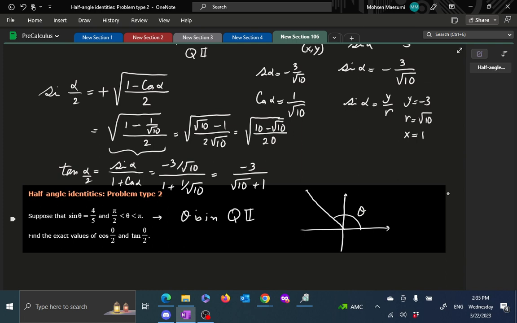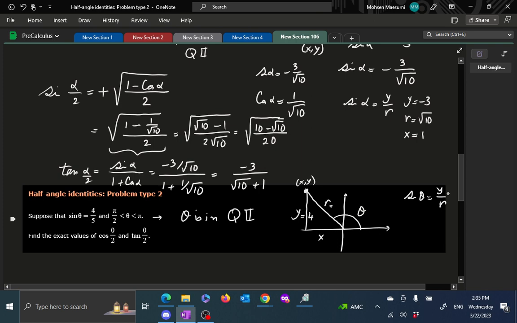Here we pick a point, call it point xy, meaning this is my y and this is my x and this is my r. Sine is given. Sine is a ratio, so sine of theta is y over r, and that is going to be 4 over 5.